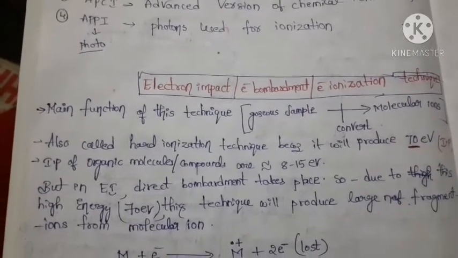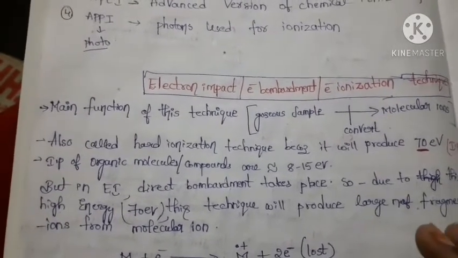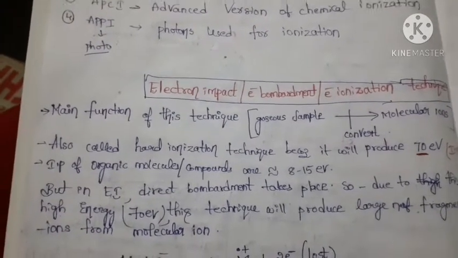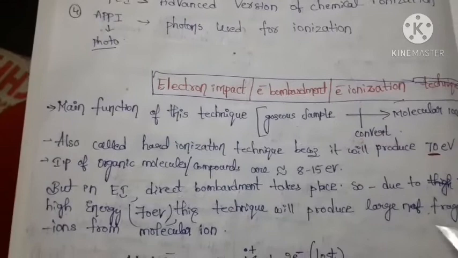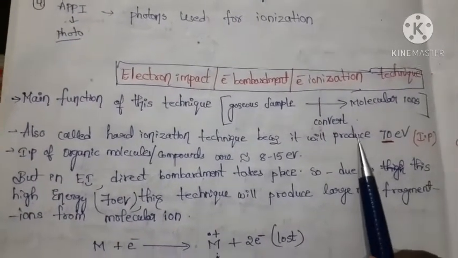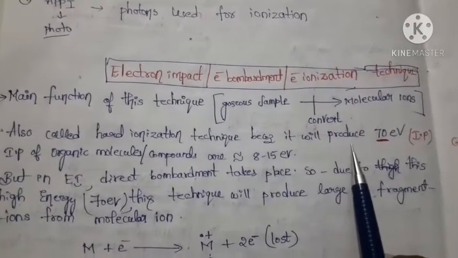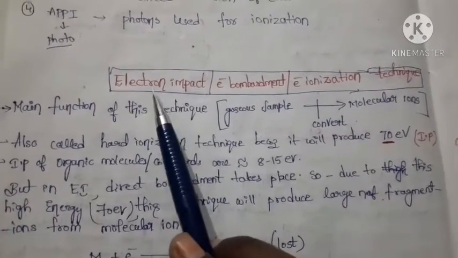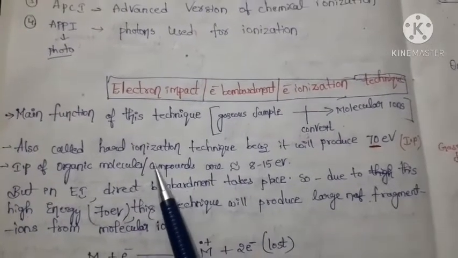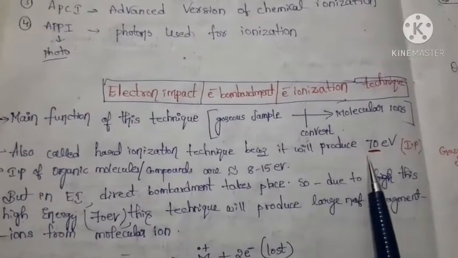So this technique is called a hard ionization technique because it produces 70 electron volts.